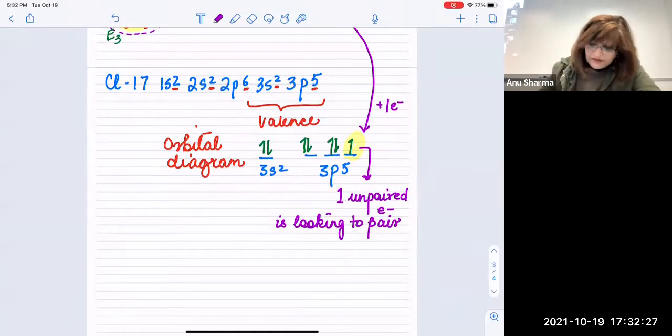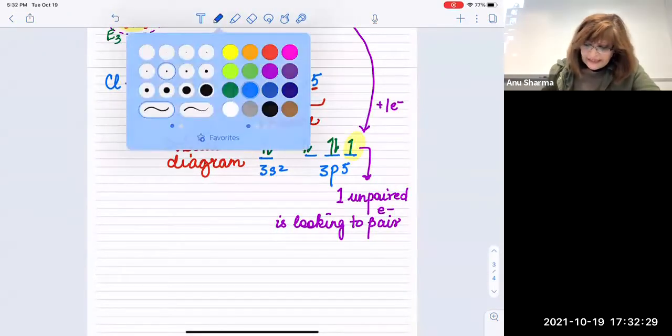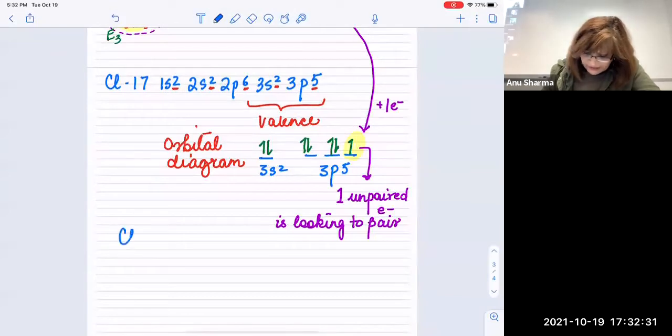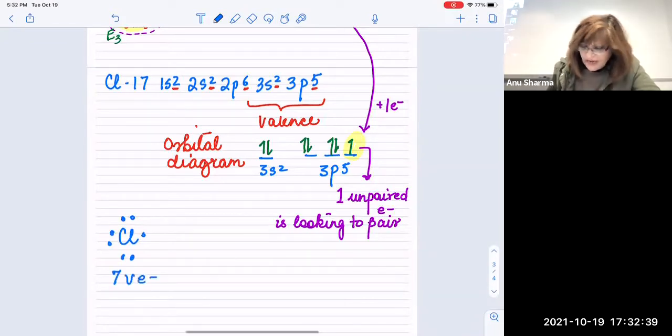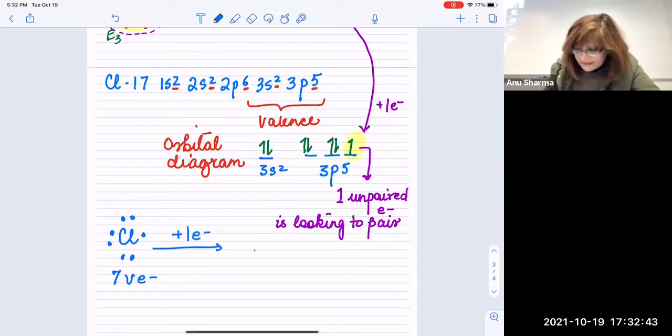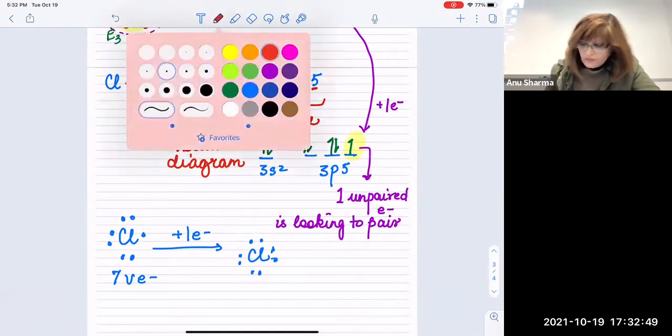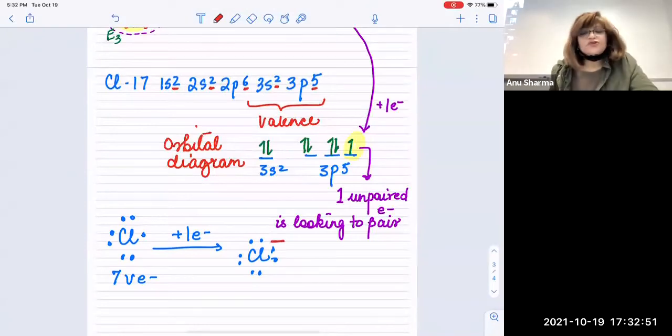So now chlorine, because it has taken that 1 electron, initially had 7 valence electrons. And when it acquires 1 more electron, what happens? It becomes 8. But because it has acquired 1 more electron, it acquires a negative charge.